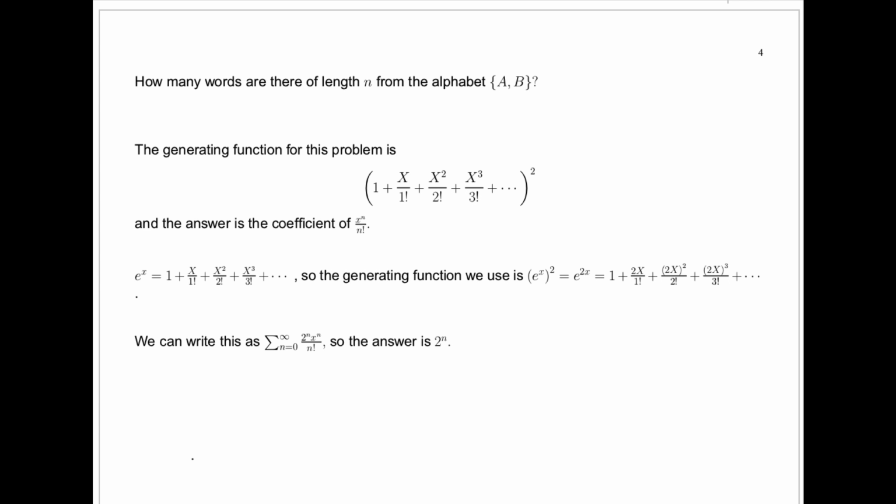I want to now generalize things a little bit and talk about an infinite generating function of this form and ask how many words are there of length n from the alphabet A, B. Here we'll have no conditions to start out with.